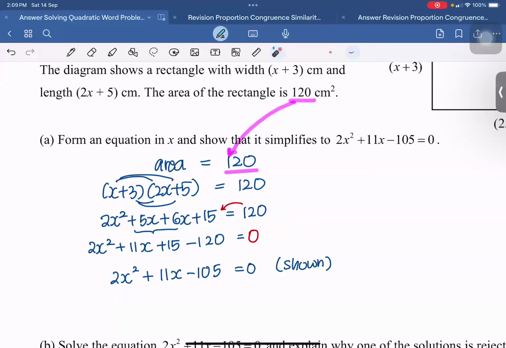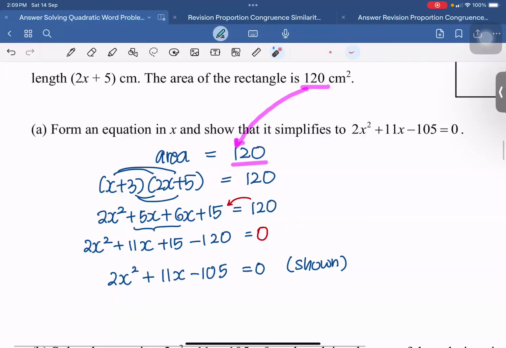We shift it over, it becomes minus, right? So in this case, we have everything together. Let us simplify our equation. 5x plus 6x will give you 11x. Then 15 with minus 120, simplify to negative 105. So shown equals to what this is.